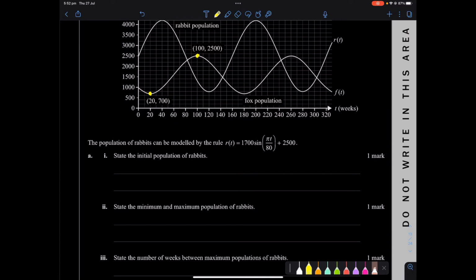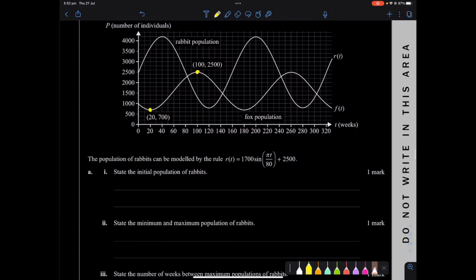So the initial population of rabbits is what? Okay, the way I'm going to do this is, this is the fox. So this line is the fox. So I'm just going to sketch over it so I can see that. Okay, it's such an ugly sketch, but it does the job, which is f of t for the foxes.